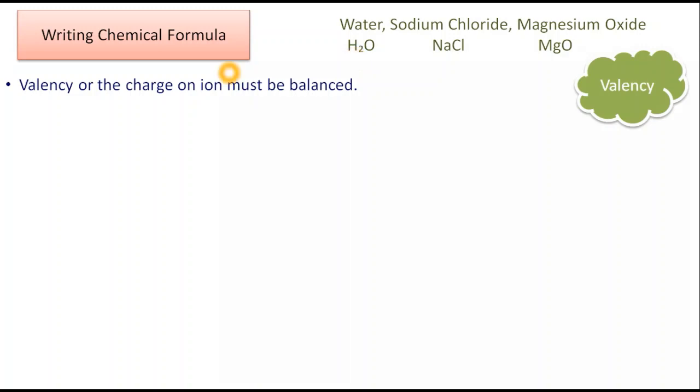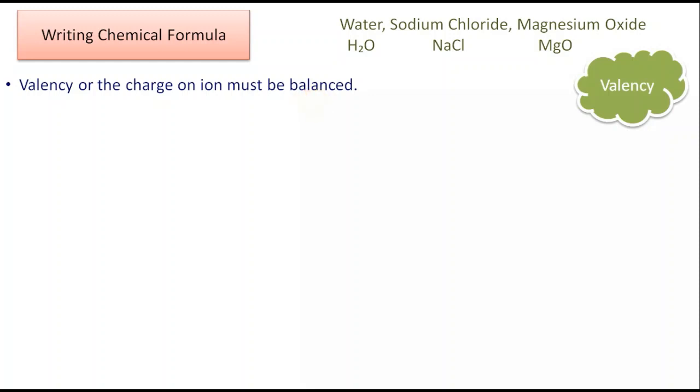That means the first thing you have to do is to balance the valency or charge. Valency or the charge on an ion must be balanced. That is the first thing we need to do, but we can only do that if we know the valency of elements. So for that we need to remember the valencies of elements, whether it is a single element or a compound.